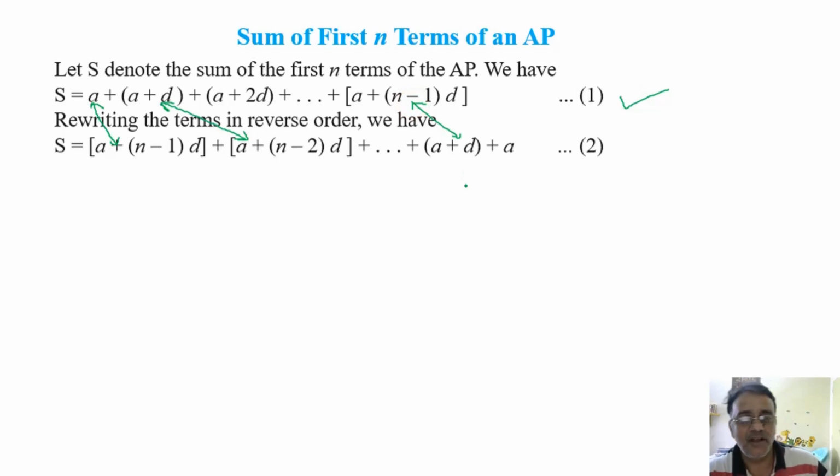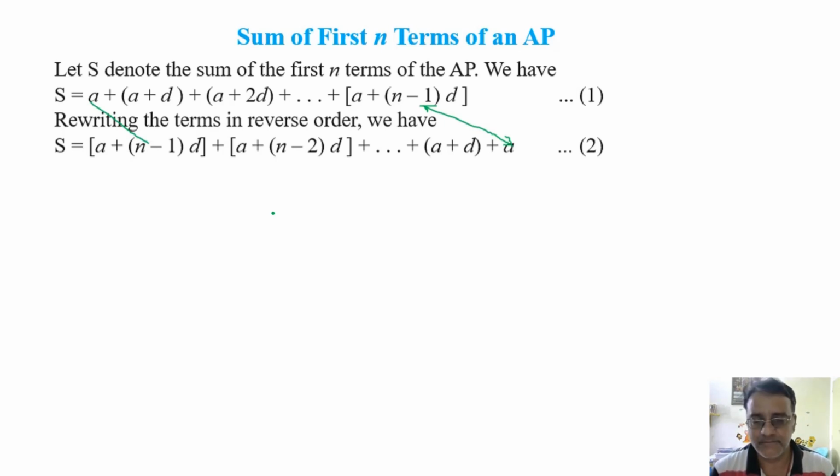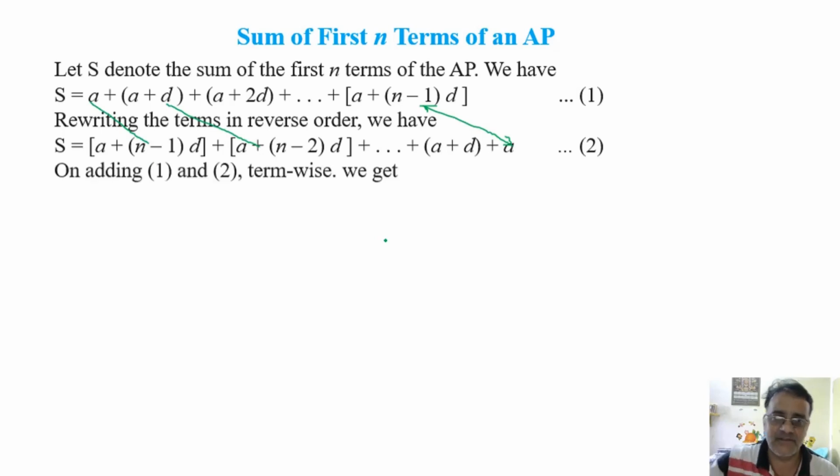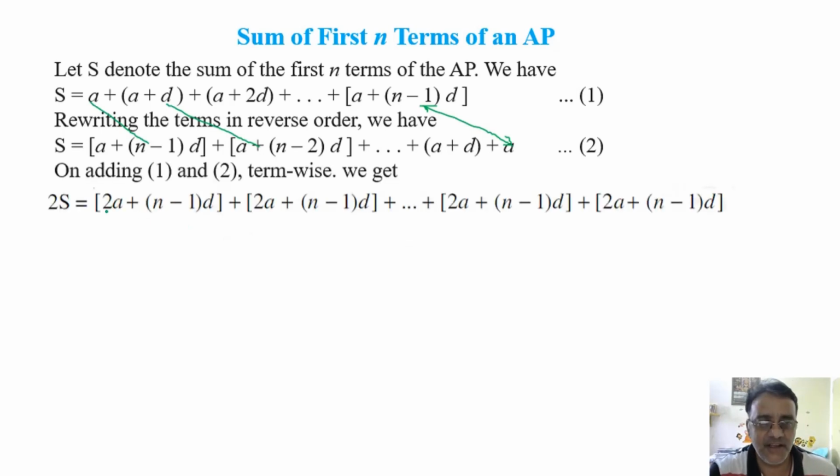If we add all the corresponding terms, we will get 2A plus n minus 1 into D. What do we get for all the corresponding terms? 2A plus n minus 1 into D. We'll get this n times.